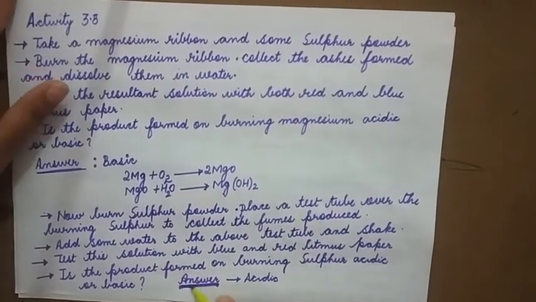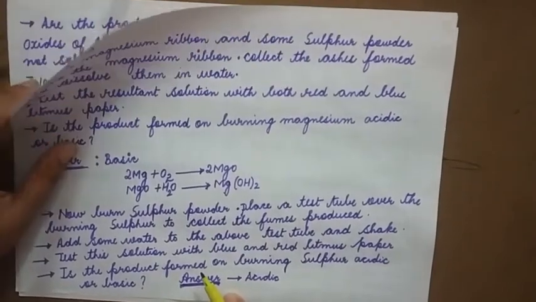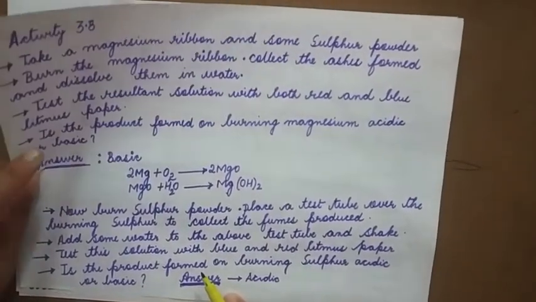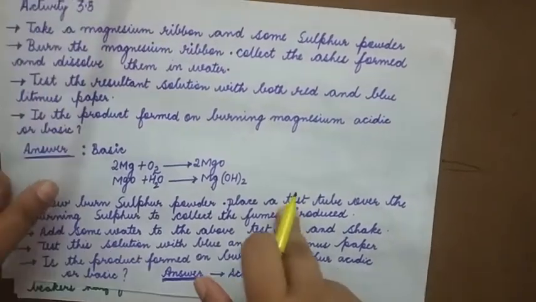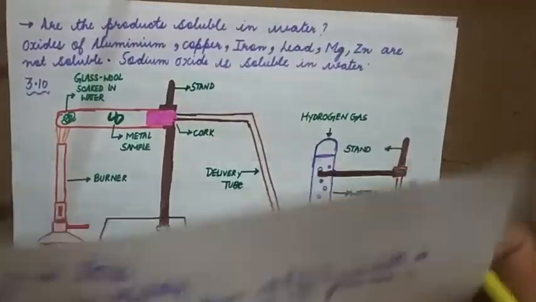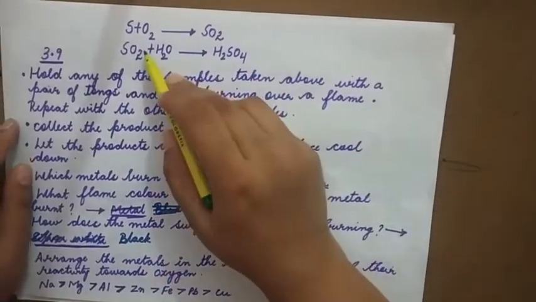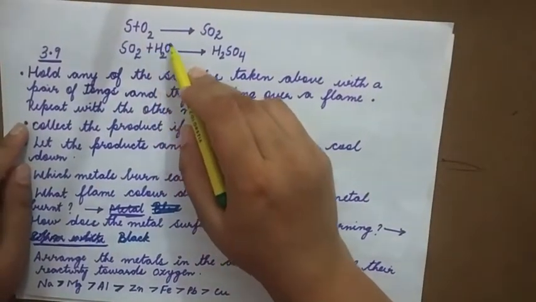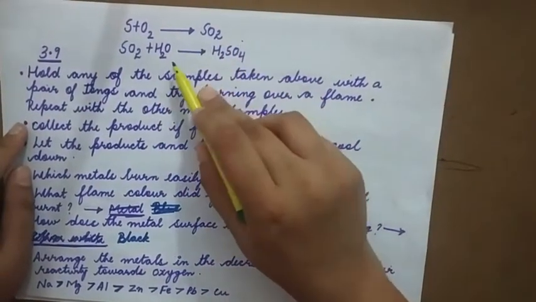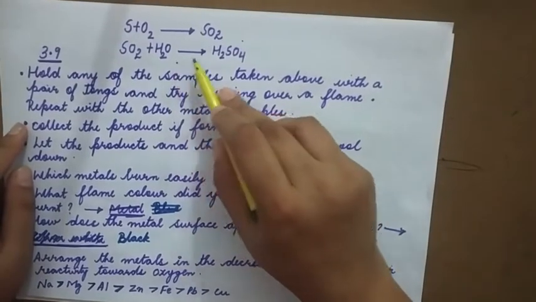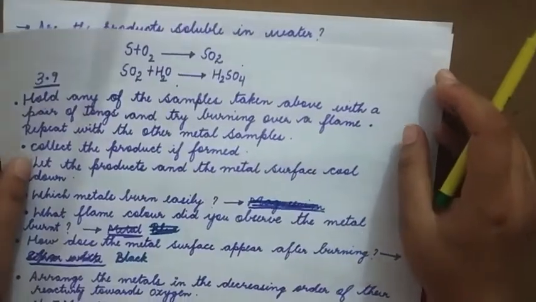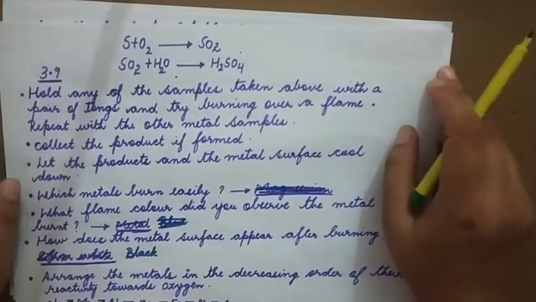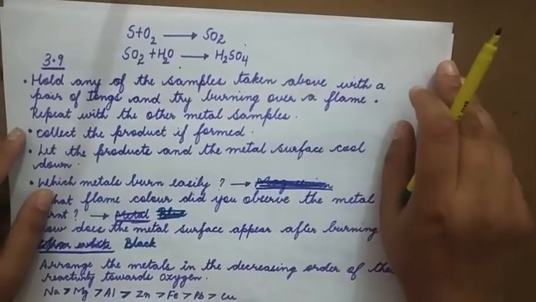Is the product formed on burning sulfur acidic or basic? It is acidic in nature. Sulfur, when it comes in contact with oxygen, forms sulfur dioxide, and when it is dissolved in water, it forms H2SO4, sulfuric acid, and it is acidic in nature.